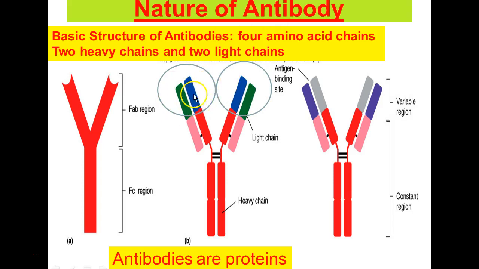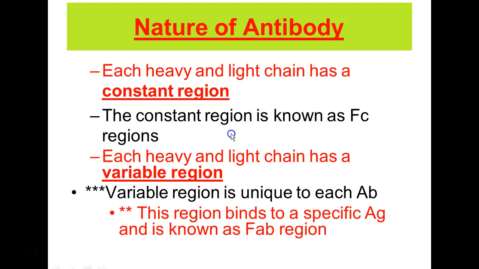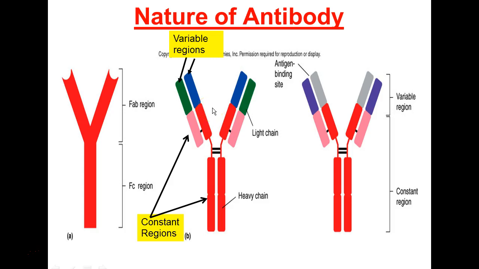This is the area where the antigen is going to bind. So the variable regions of an antibody are the areas where the antigen binds. The constant regions of the antibody will be the area that determines the class of the antibody.